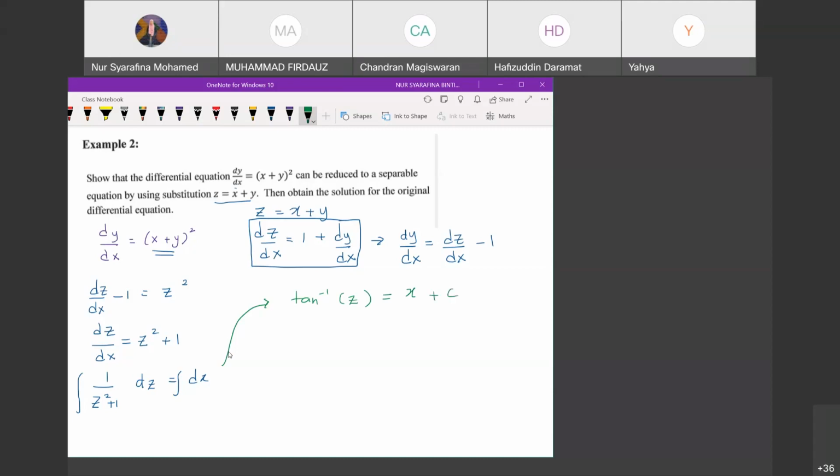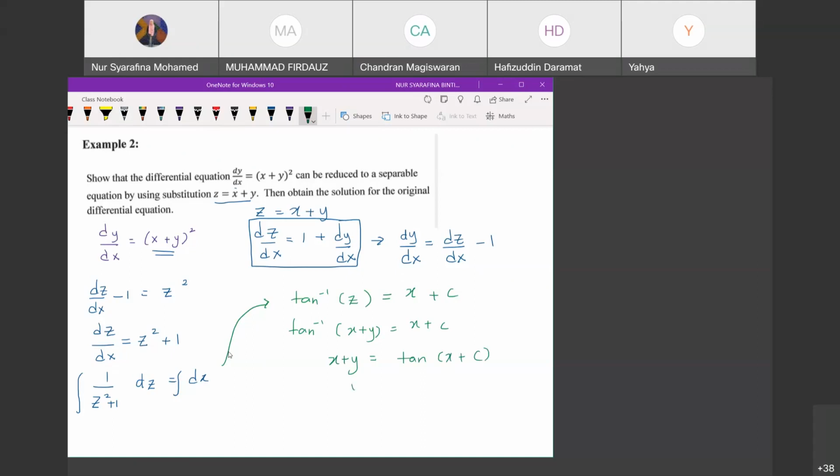So now this is the solution in terms of z. And remember, the original problem should be in terms of x plus y, so you substitute back. What is z? z is given by x plus y. So inverse tangent of (x plus y) equals x plus c.